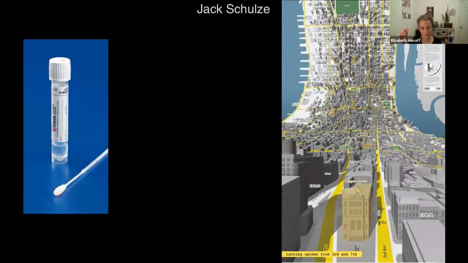So am I going to take a swab of the sidewalk, of the side of a building, of the inside of the subway, of the hand railings in the subway? What is going to be a representative sample of my topic of study, which is the city in this case? And so I think thinking about the relationship of scale between your instrument and your topic of study is also really important.